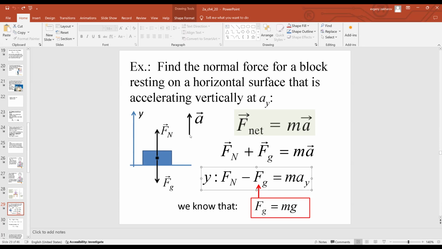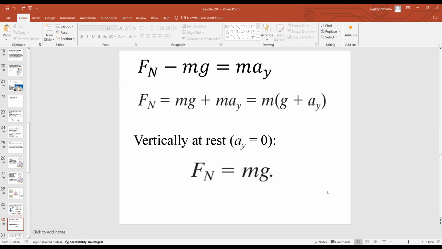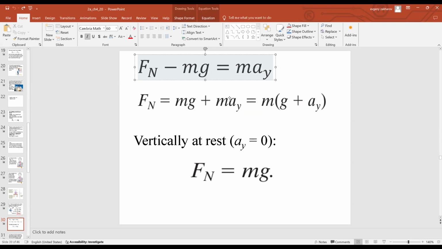And acceleration is up as well. If acceleration is up, then the component is positive. You do have plus ma on the other side of the equation. So Fn minus mg equals mass times acceleration. That's what we have so far: positive normal force, negative gravity, positive acceleration.